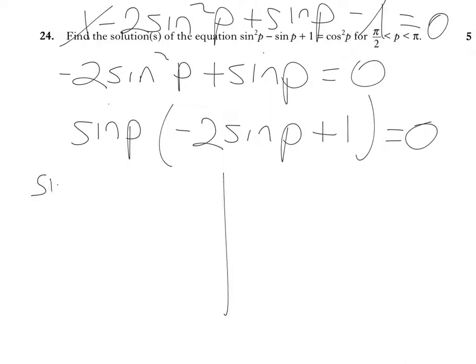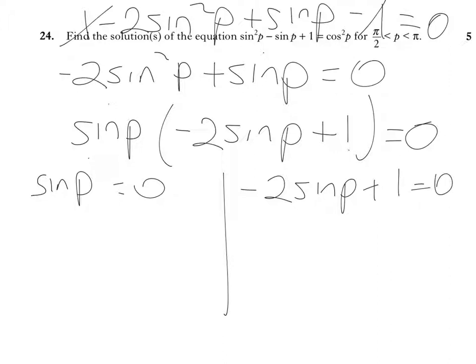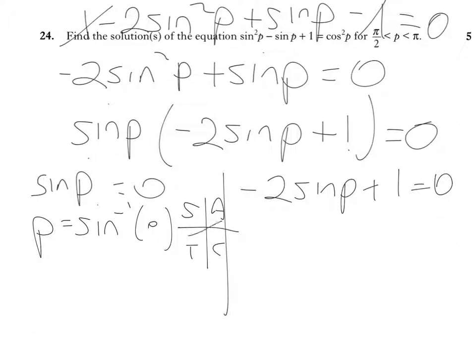So on this side I've got sin p equals 0, and this side minus 2 sin p plus 1 is equal to 0. p equals sin inverse 0. So I'm in the all quadrant and the sin quadrant.